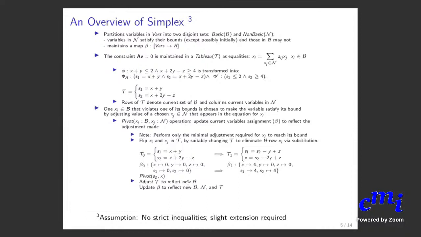And once it is done, you will have to rearrange the equations so that the current basic variables are always on the left-hand side of the equation. So, for example, here, if you start with these constraints, S2 violates its bound, and therefore I'm adjusting the value of x to fix S2, and after that I will rearrange the variables.